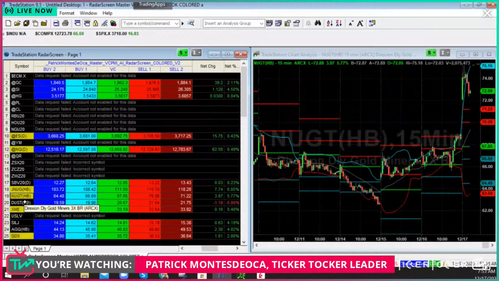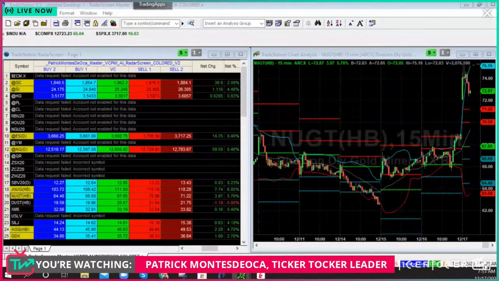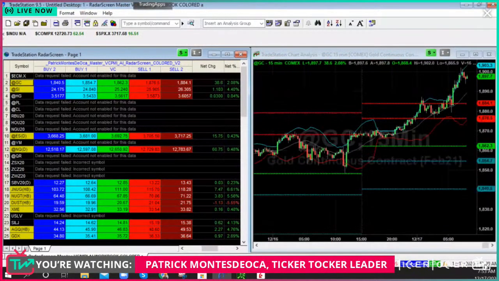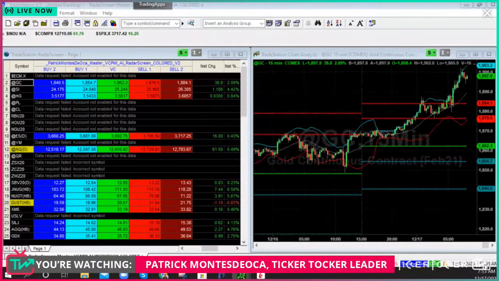The derivatives like Nugget have exploded tremendously. As you can see, a huge gap, and it's way above the daily target. So these instruments across the board on the derivatives have just, again, exploded tremendously.